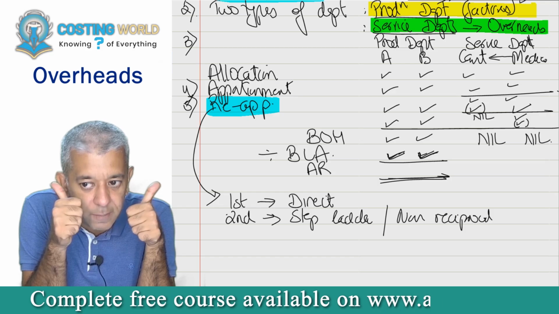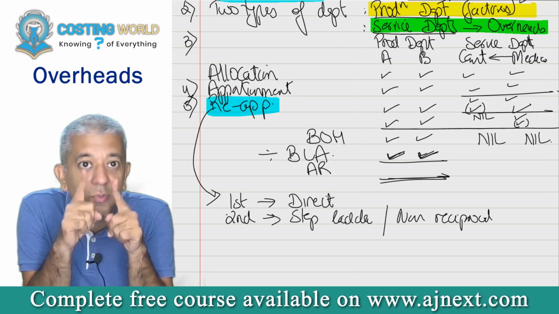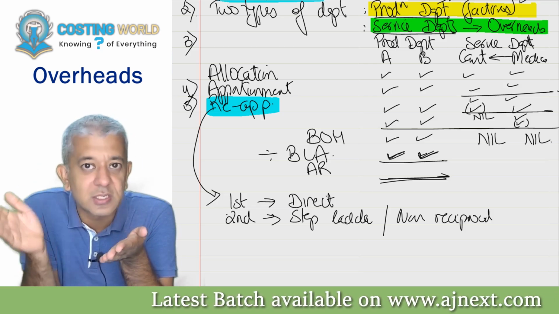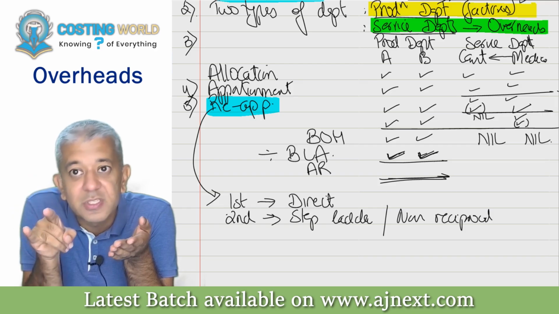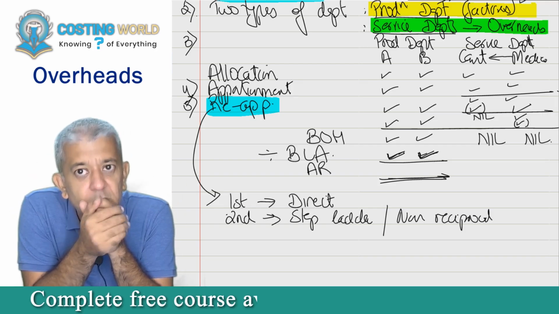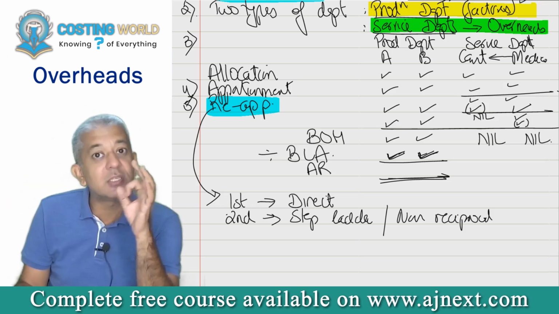Is that line okay? Yes, sir. If I am one department that serves all other servicing departments, then all other service departments should be bearing my cost first. So you will start with my particular department only. Okay, this is your second method.